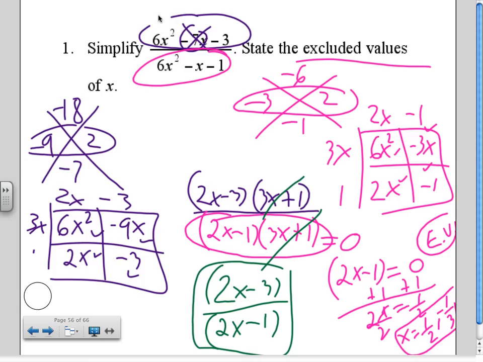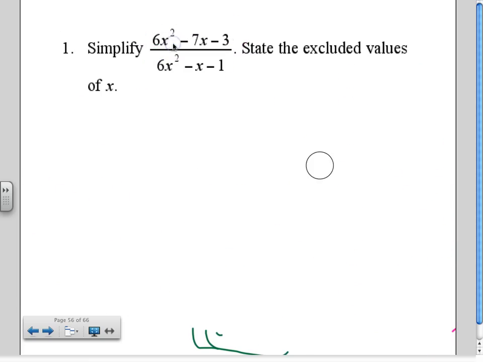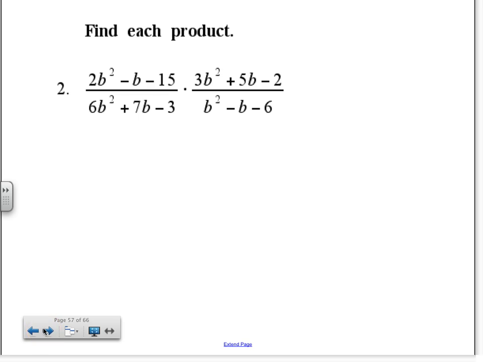Okay, take a look at number 2. Here it is. Right off the bat, what do you see? A lot of what? What do you think you're going to be doing here for this problem? X boxes. Very good. A lot of X boxes. If you have like 4 different colors, this is a good time to use them.